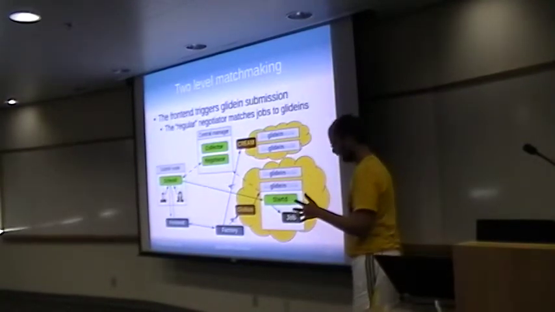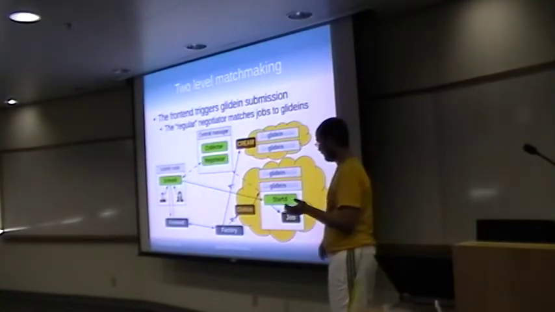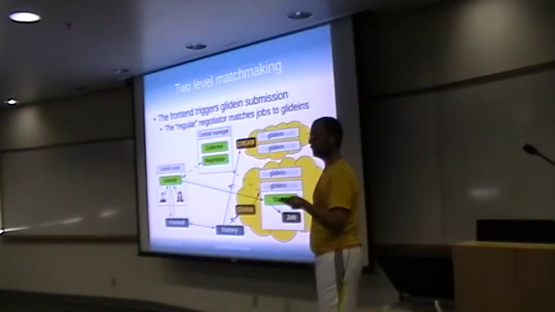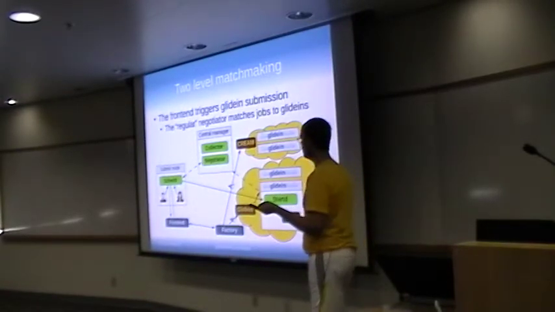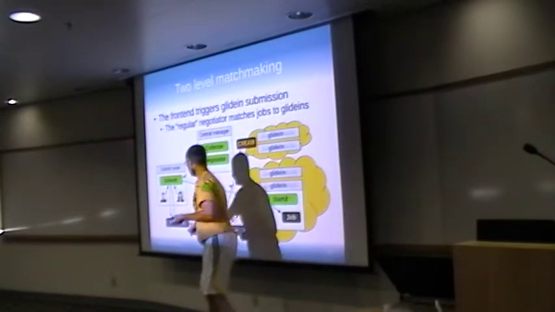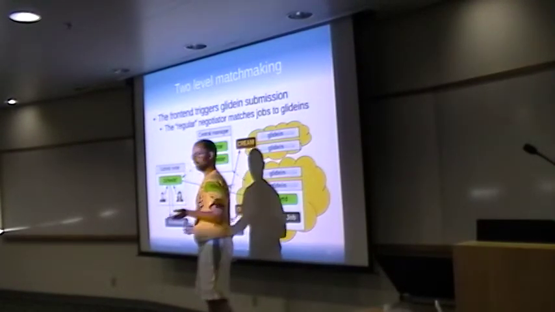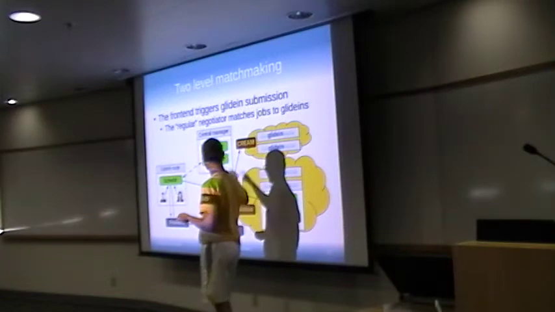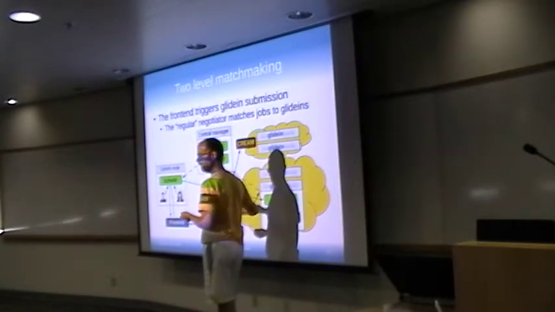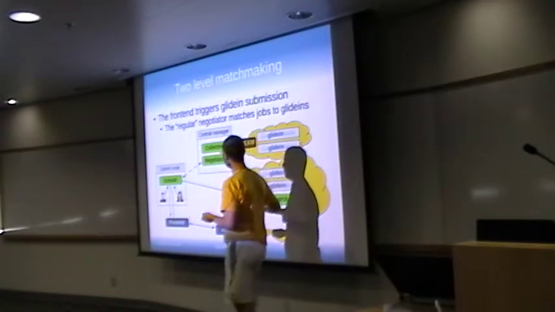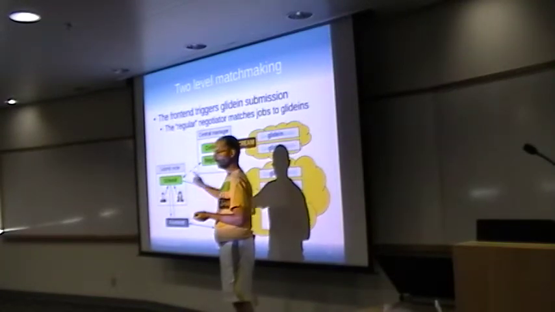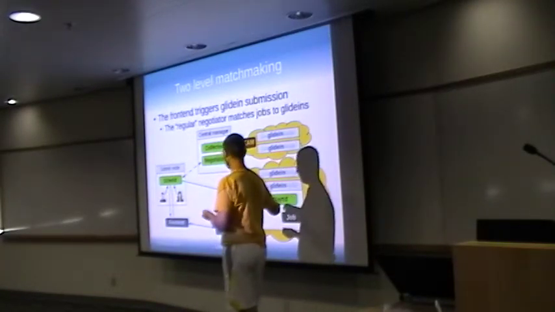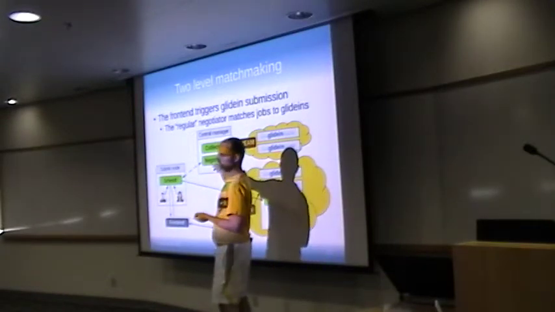Which brings us to the next thing, that we really have two levels of matchmaking in the glideinWMS. The front end will decide that more glideins are needed and trigger the submission of the glideins to the sites. But once the glideins start, they talk to the central manager, and the final matchmaking between jobs and machines is done by the negotiator.